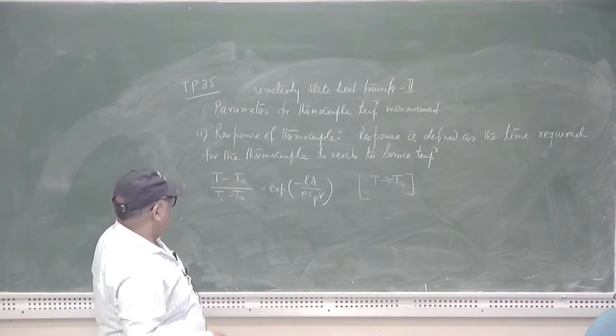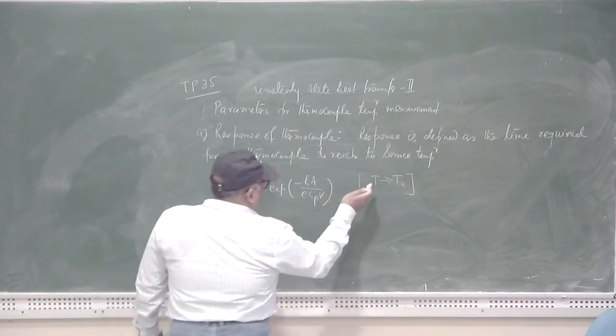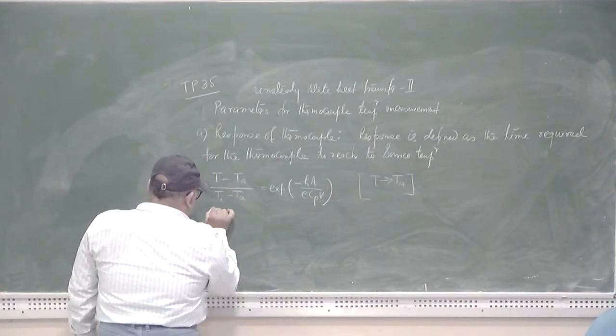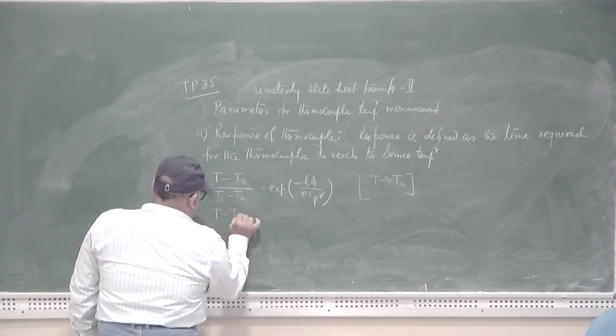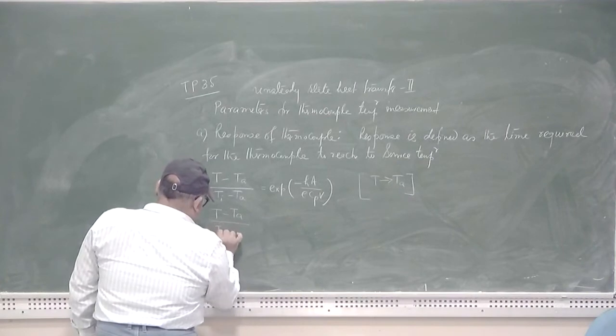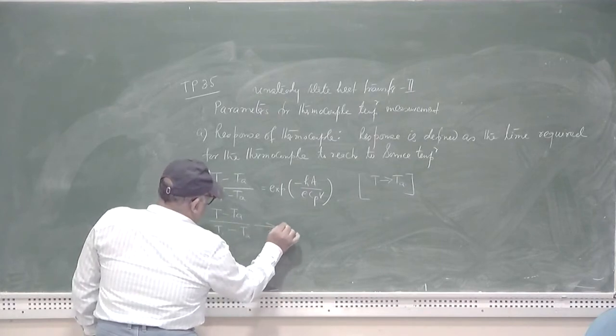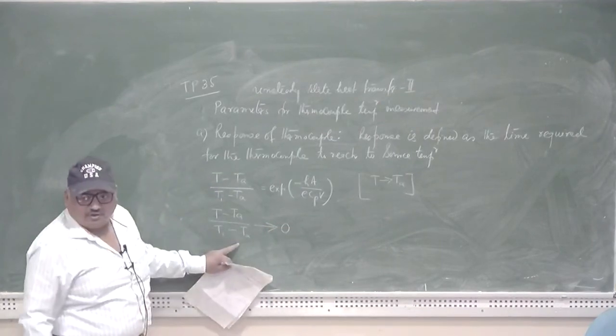So if I am putting this limiting case here, T minus Ta divided by Ti minus Ta, if T is tending towards Ta, then it must tend towards 0.